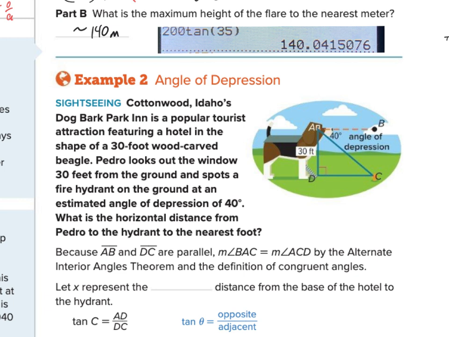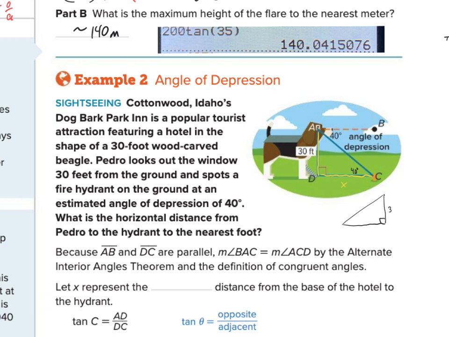Okay. So again, he looks down from a 30-foot height. Angle of depression is 40. We are trying to figure out the horizontal distance from the fire hydrant. We know that the angle of depression is the same thing as the angle of elevation. So we are looking at this triangle now. Same difference if we just drew a triangle here.